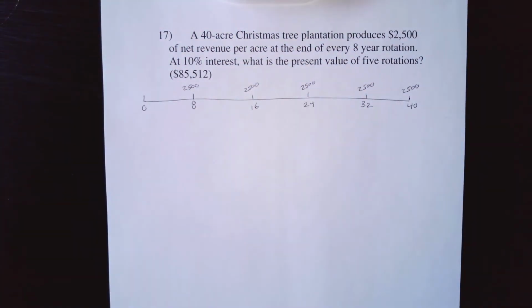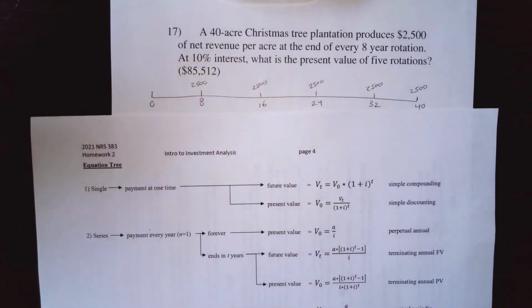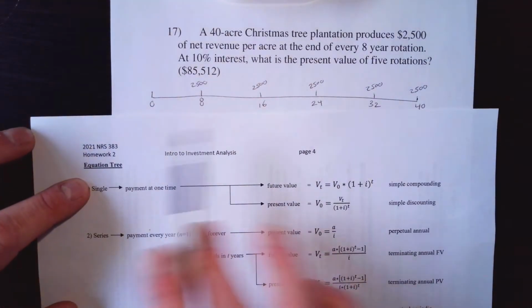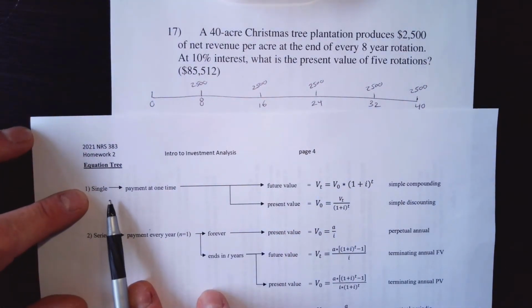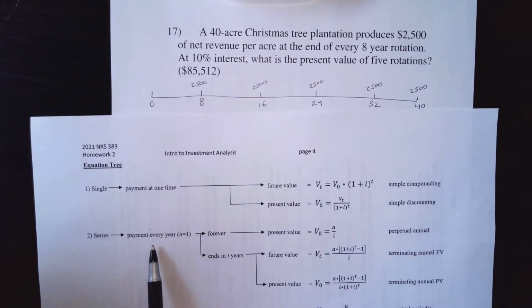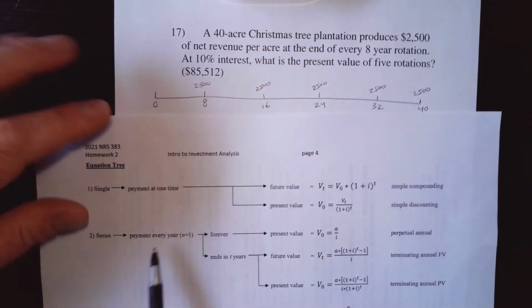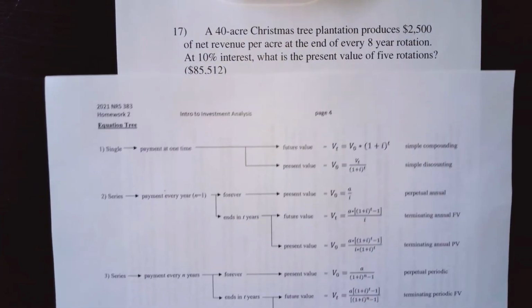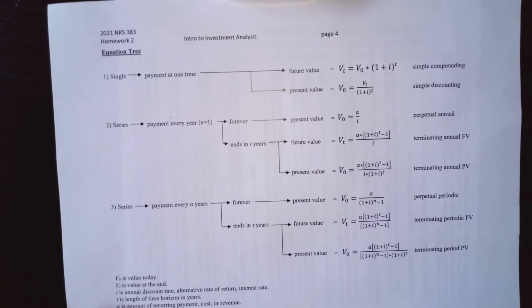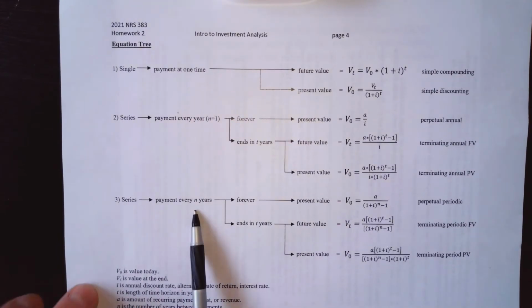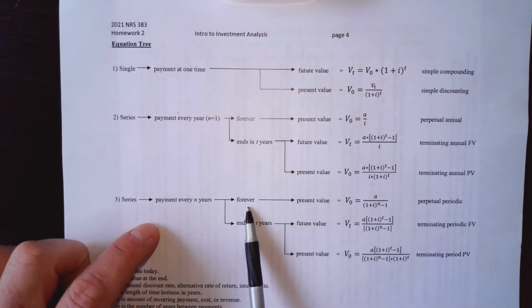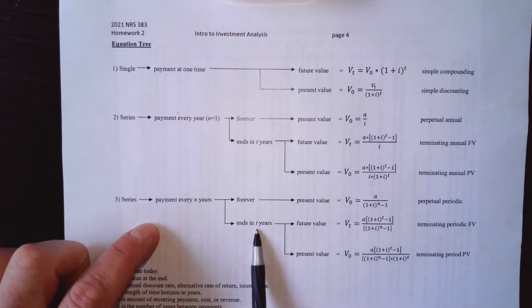So with that timeline laid out, let's go look at our sheet. So we have these values. Is it single? No, it's not a payment at one time. We've got 5 of them. Does it happen every year? Again, no. Now it's happening every 8 years. So we're down here: payment every n years. Does it go on forever? No, it's only 5 of these things, so it's going to end in t years.